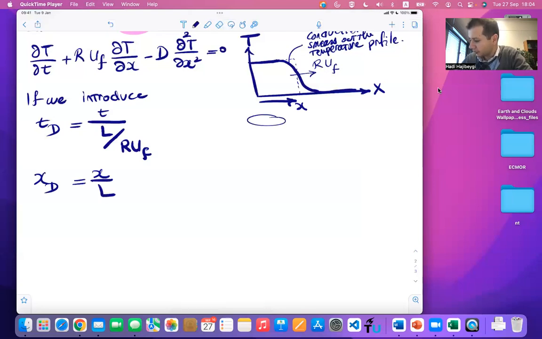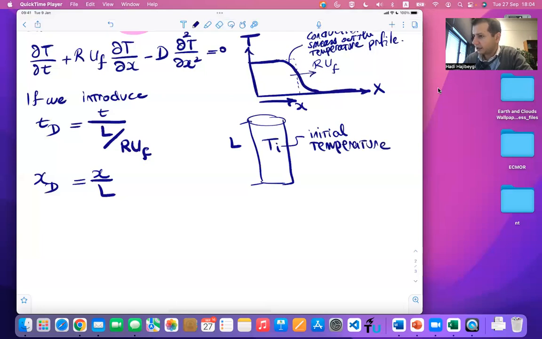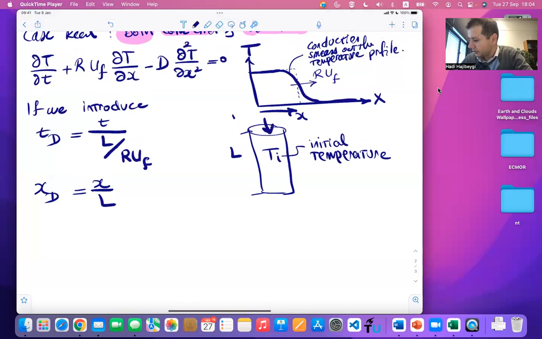So imagine I have a porous sample of length L. Initially it was at T initial, the initial temperature, and I am injecting T_J, the injected fluid temperature, of cooler or warmer fluid, and I get some T out in the system.